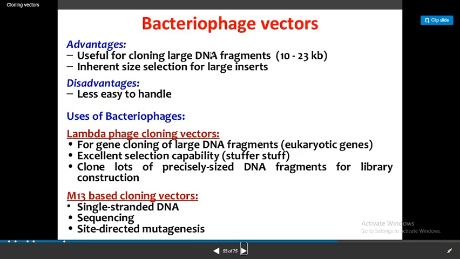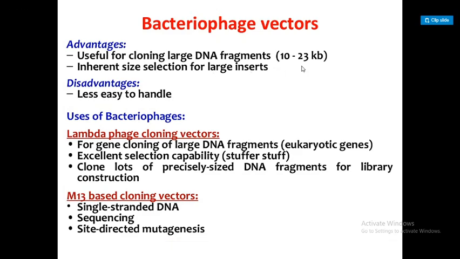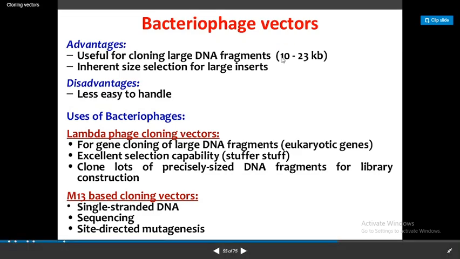So what is bacteriophage? Again I am going to brush up some of the points. It is used for cloning large DNA fragments, that is 10 to 23 kilo base. If you take a single plasmid, it clones only less than 10 kb. Here bacteriophage handles big DNA fragments, 10 to 23 kb. That is the difference.